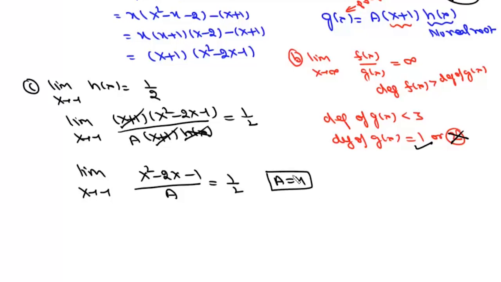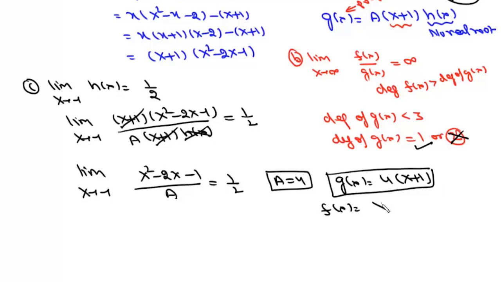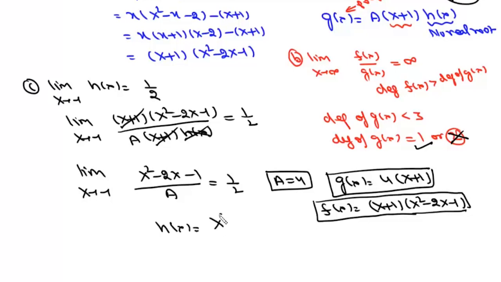And if a is 4, then this g(x) will be 4(x plus 1). So now we have g(x), f(x) is already given, f(x) is (x plus 1)(x square minus 2x minus 1), and f(x) upon g(x) is h(x). So this h(x) will be (x square minus 2x minus 1) by 4.